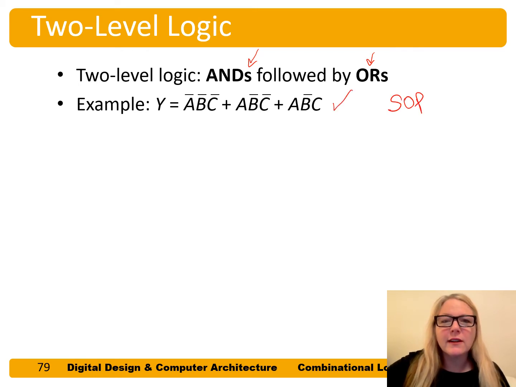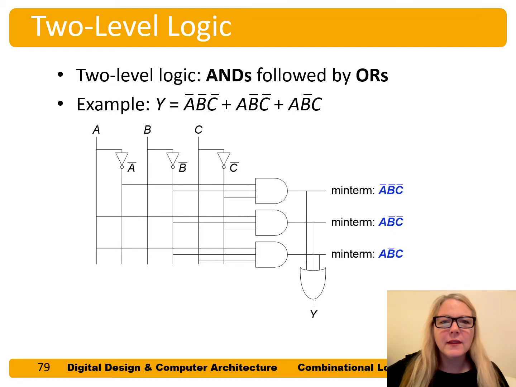This equation here is in canonical sum of products form, assuming y is a function of A, B, and C, because each implicant or product term includes some form of each of the input variables. And so we can implement that using two-level logic.